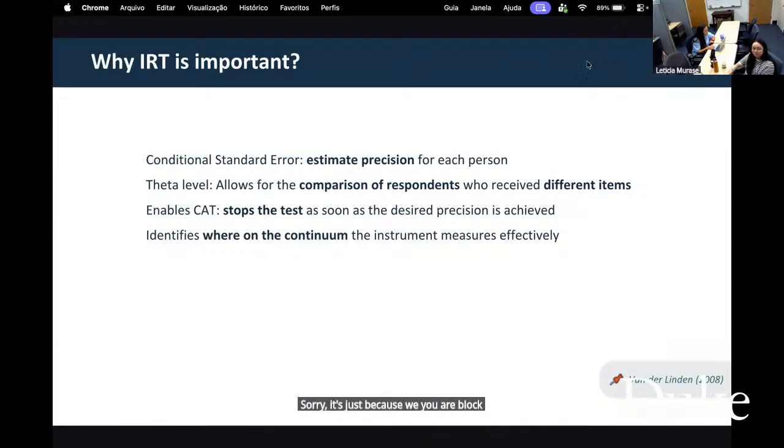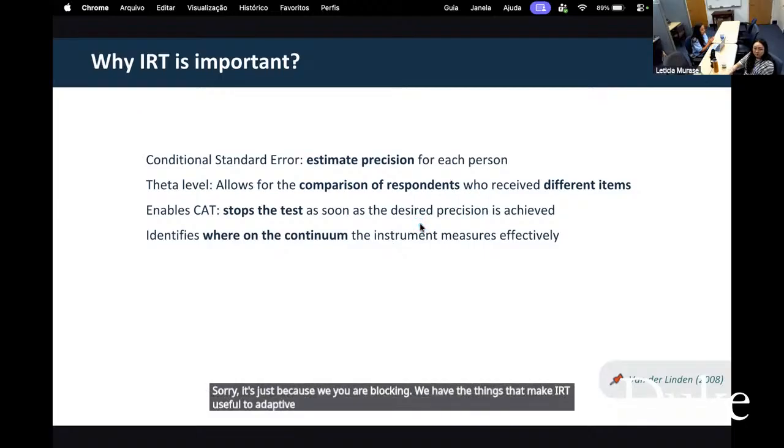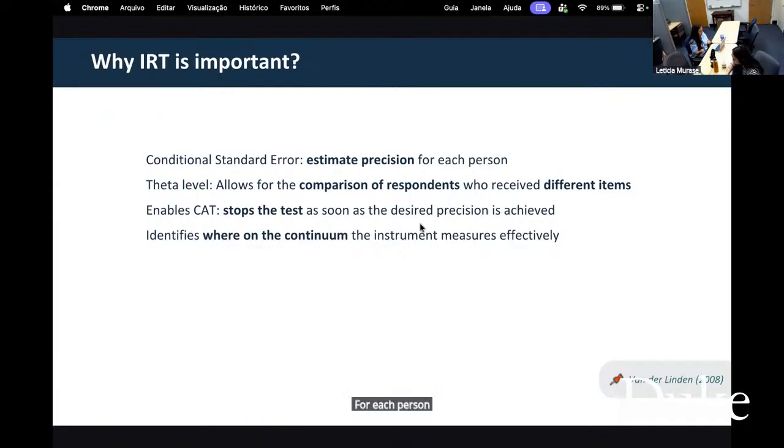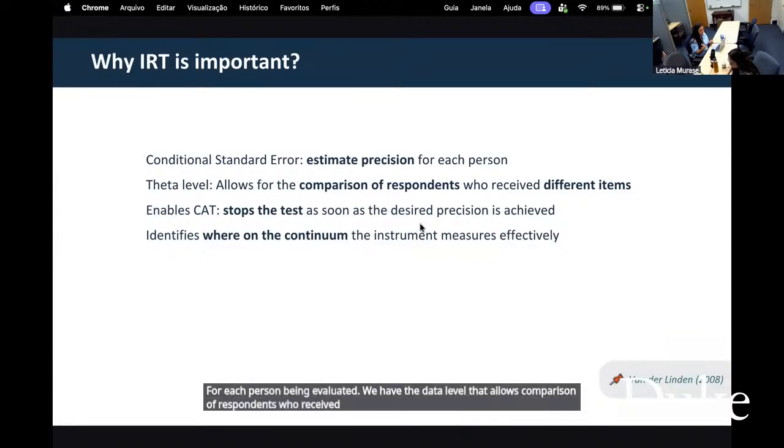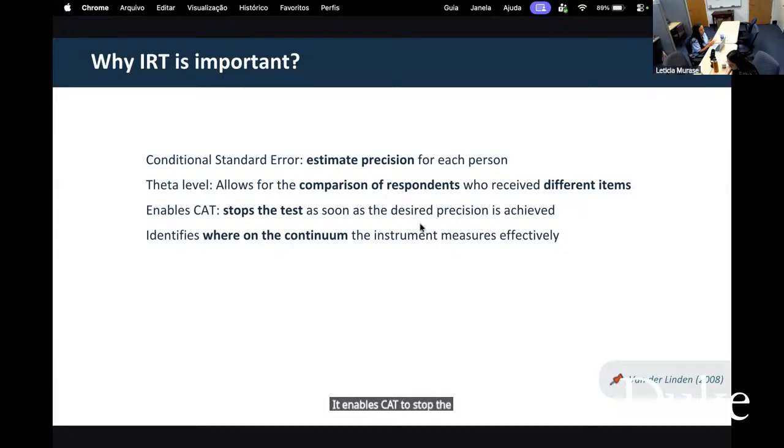We have the things that make IRT useful for adaptive testing. We have a conditional standard error that can estimate precision for each person being evaluated. We have the data level that allows comparison of respondents who received different items. It enables CAT to stop the test as soon as the desired precision is achieved.